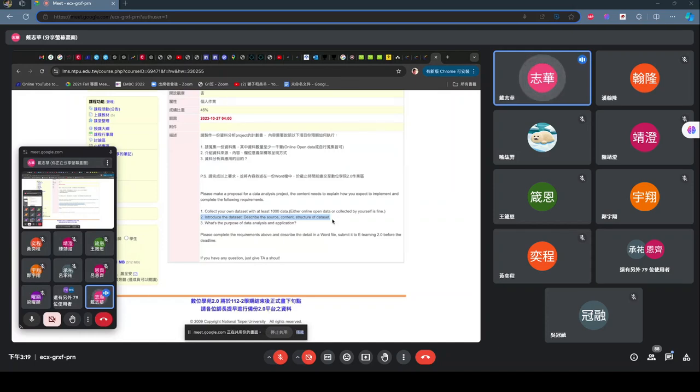And why do you want to do this? What is your target application? Before you perform the analysis and the evaluation, what do you expect to see in the result? That is the proposal.